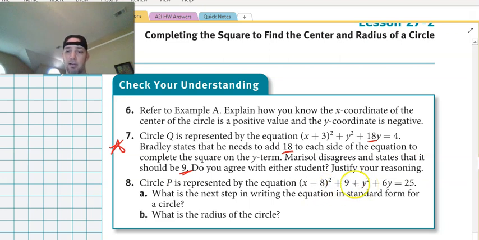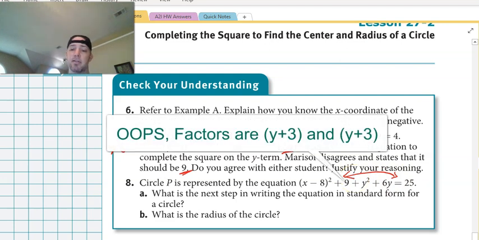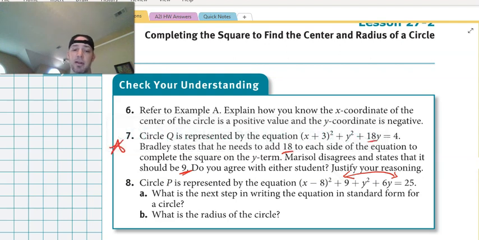Even though this looks like it might be a little off, if you just move the 9 over here, that will already have factors of x plus 3 and x plus 3, so x plus 3 squared. I guess you could just factor the y terms to get x plus 3 and x plus 3.